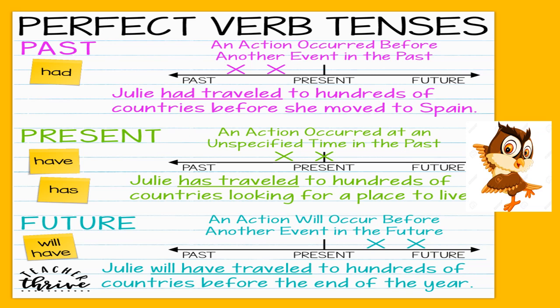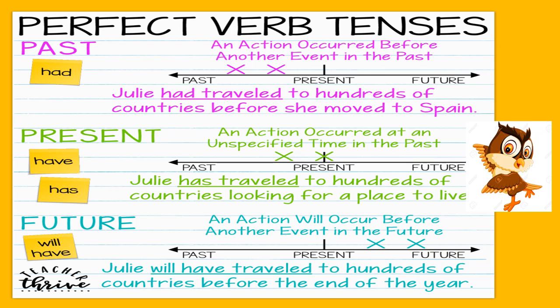In present perfect verb tenses, you can see that it is an action that occurred at an unspecified time in the past and it is still present perfect verb tense because the action is still relevant. Julie has traveled to hundreds of countries looking for a place to live.